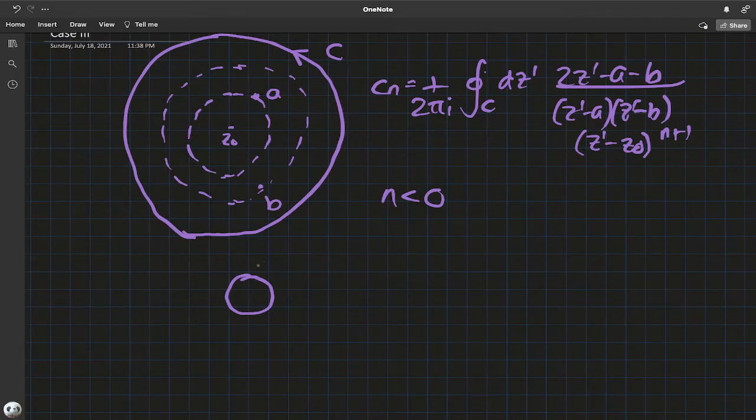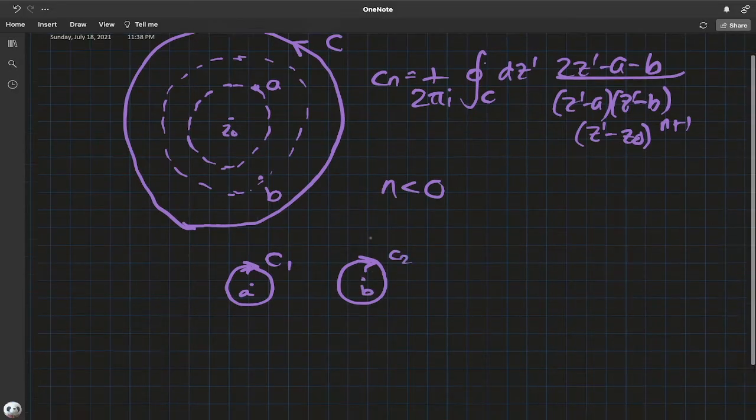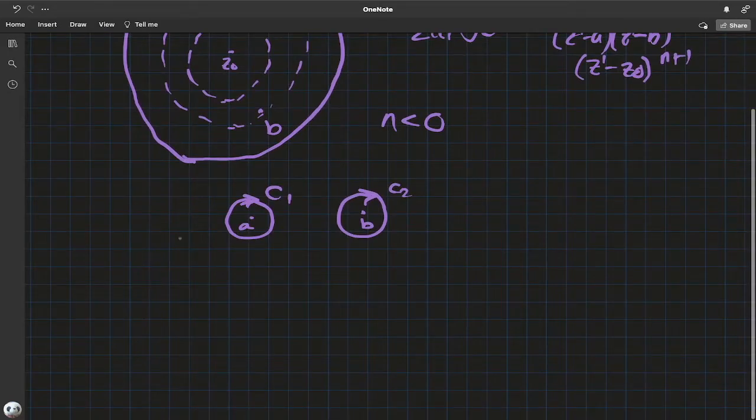The way we deform it, usually what happens is when we go anti-clockwise, the sub contours go clockwise. So we have C1, say this is around A, and say C2, which is around B, and I won't write the entire equation, but the idea is the same.